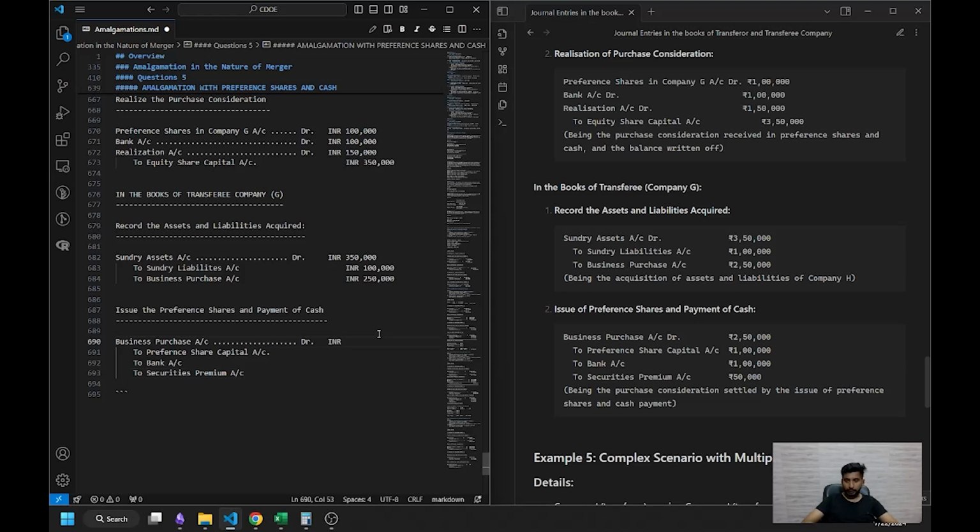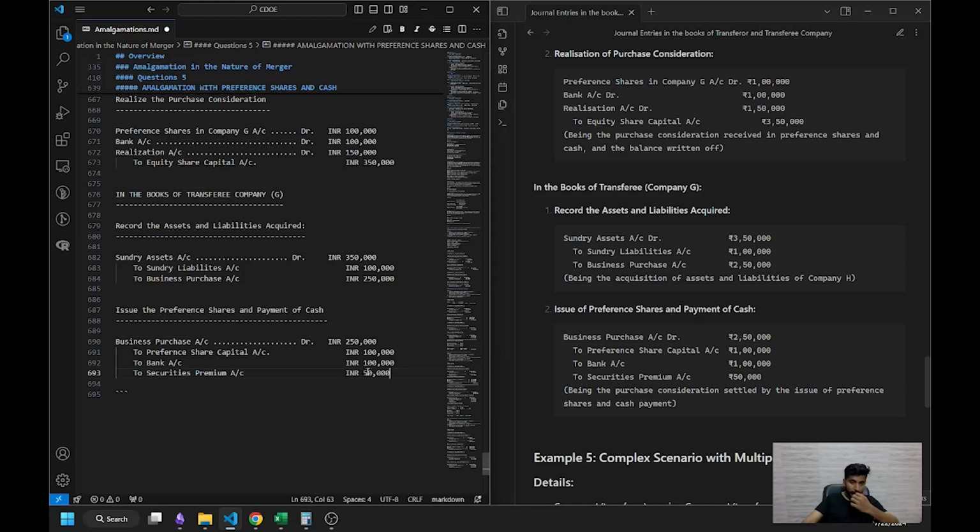The amount will be 2,50,000 for the business purchase. The preference share capital is rupees 1 lakh, the bank payment is also rupees 1 lakh, and the remaining is the securities premium.